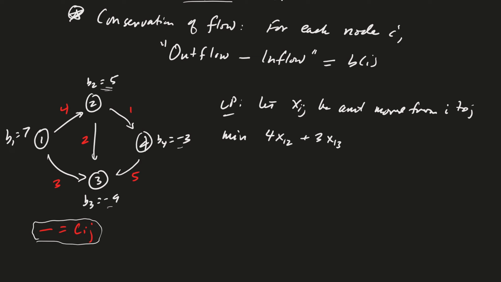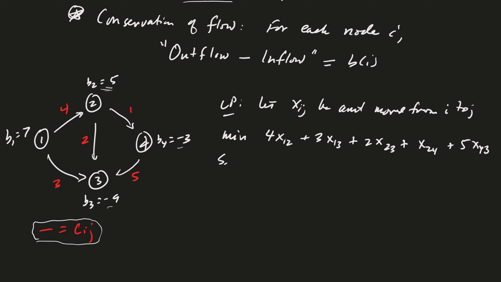Then 2, 3 will be next: 2x23. Then 2, 4 will be next, plus just an x24. And then lastly, 5 times x43.